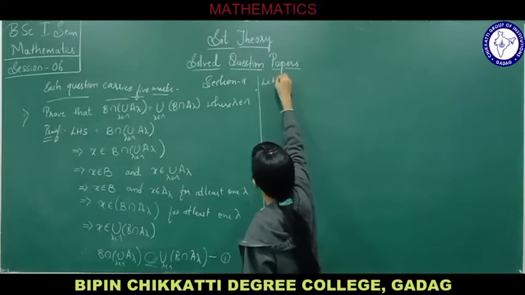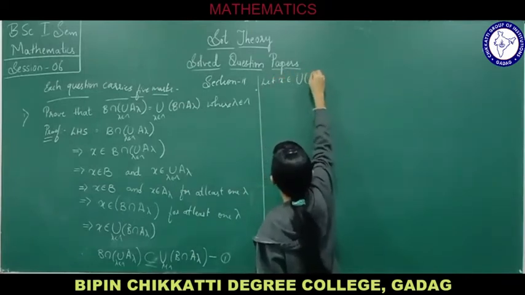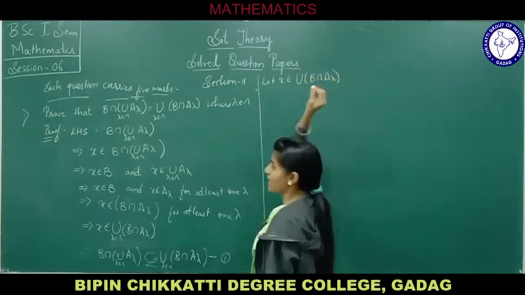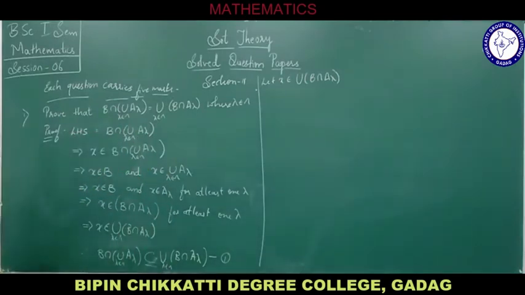Let x belong to union of B intersection A lambda.